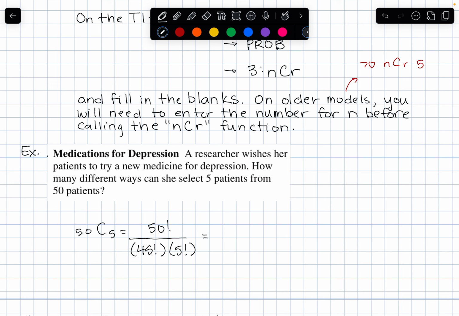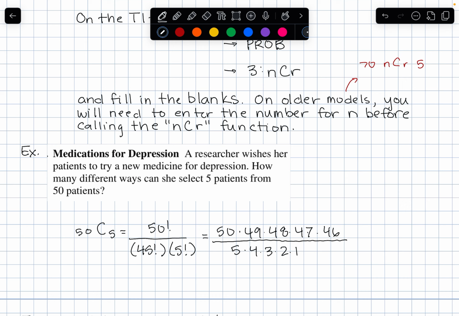So on top, that's going to leave me with 50 times 49 times 48 times 47 times 46, because 45 and down is going to cancel with the 45 factorial. In the denominator, all I'm left with is the 5 factorial, which is 5 times 4 times 3 times 2 times 1. And that's something a little less scary.